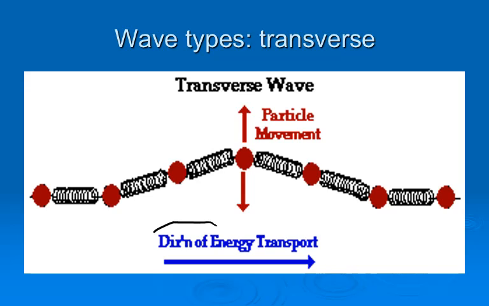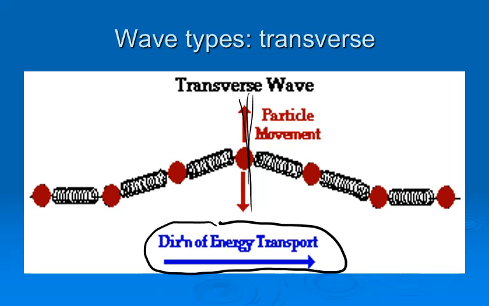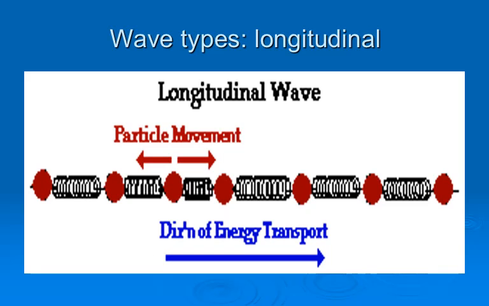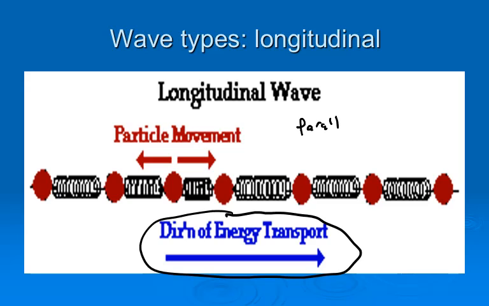So the direction of the energy is from left to right, but then the particles are moving up and down in this case. This is in contrast to a longitudinal wave. Let's say the energy is going from left to right, and then the particle moves back and forth, so it's parallel. The particle movement is parallel to the wave motion.